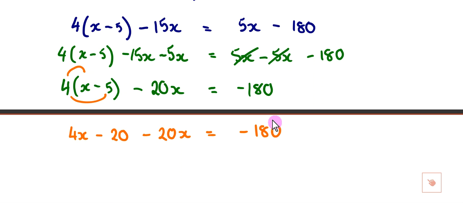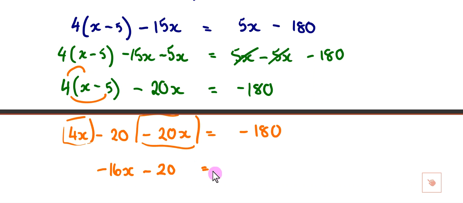Combining works, but we're actually doing what we call collecting like terms. So 4x minus 20x now can be done, right? So what's 4x minus 20x? Negative 16x. Negative 16x minus 20 equals negative.